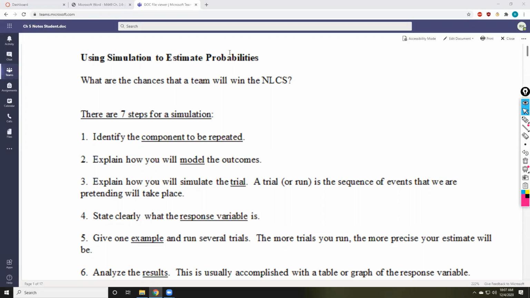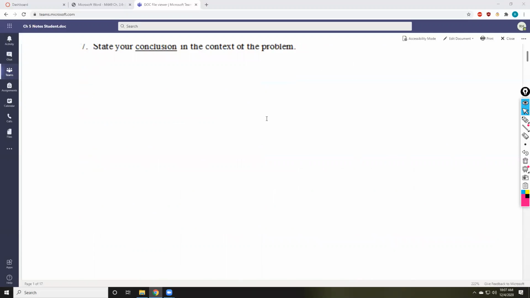So the first thing we're going to simulate is the NLCS, or a league championship series in sports. You don't have these notes, by the way, so you'll need to get some of this written down. There won't be a lot to write down today.